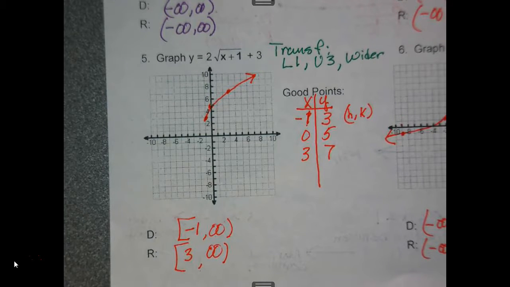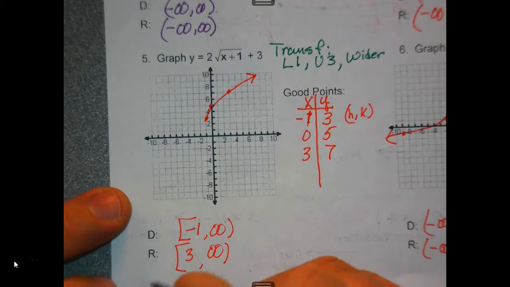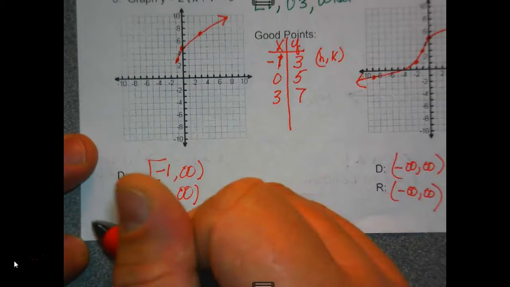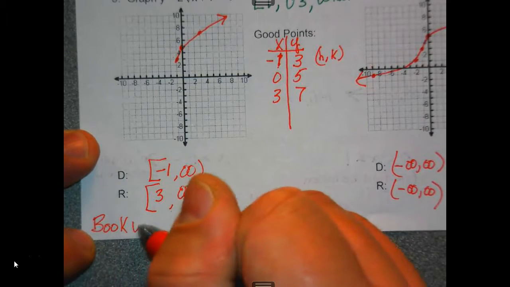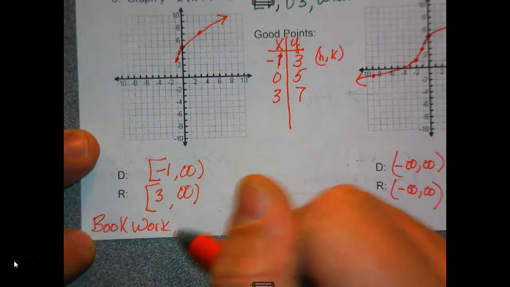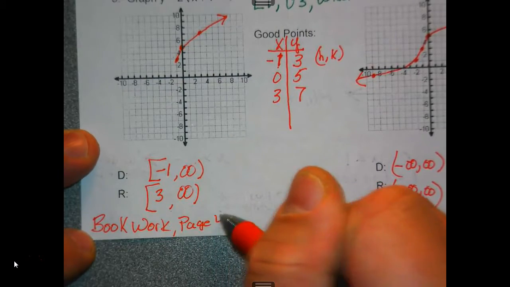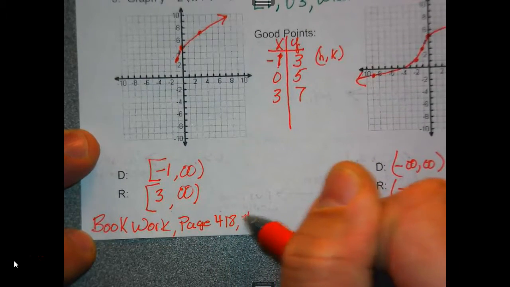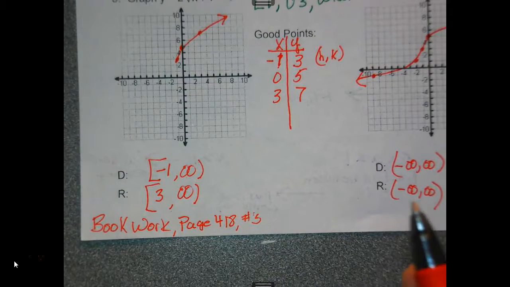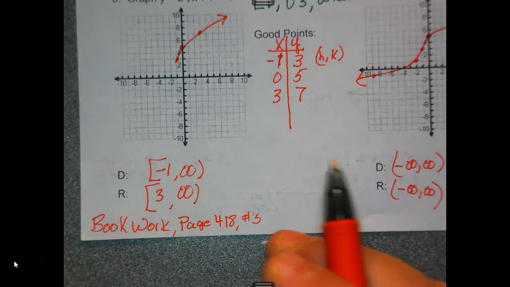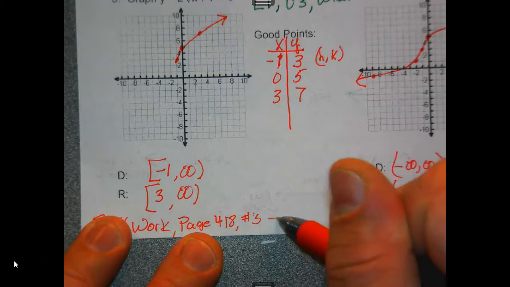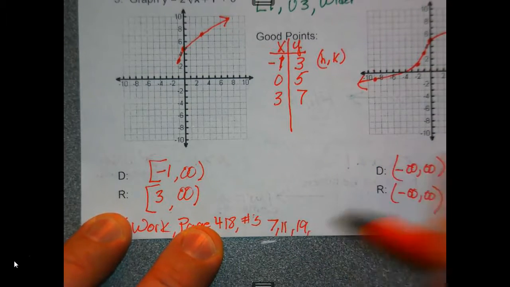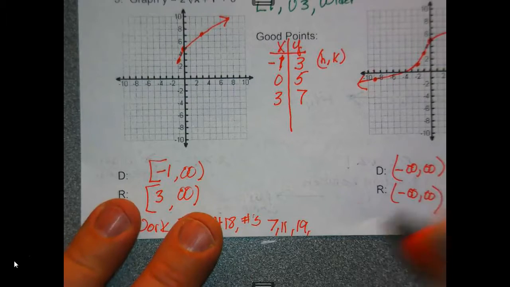Okay. So your practice work then, was page 418, right? So your book work, page 418. Numbers, that's why I gave you guys a sheet of graph paper back there. Numbers 7, 11, 19, 25, 27, 28.